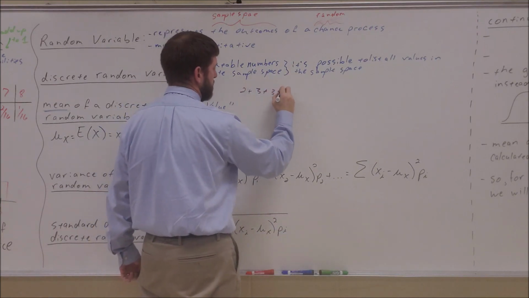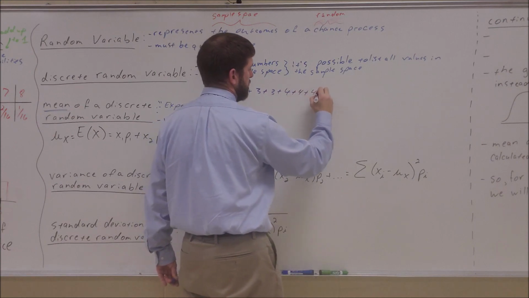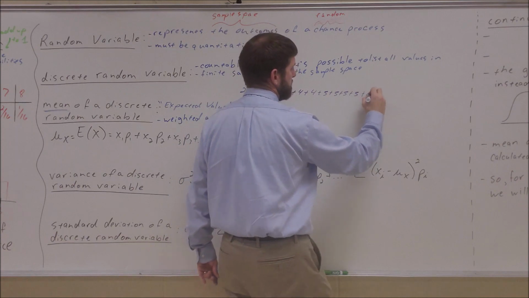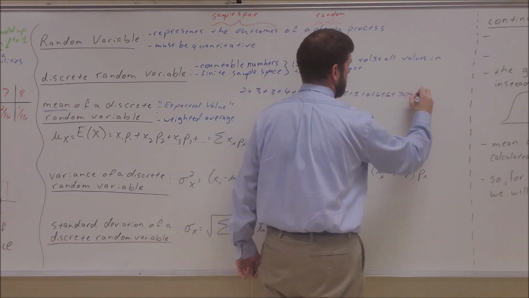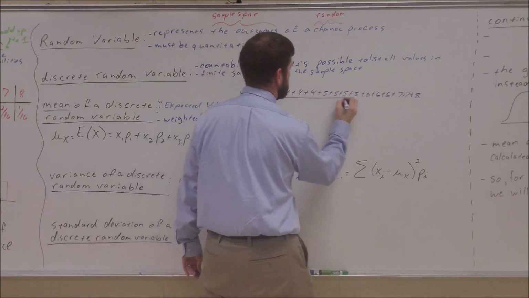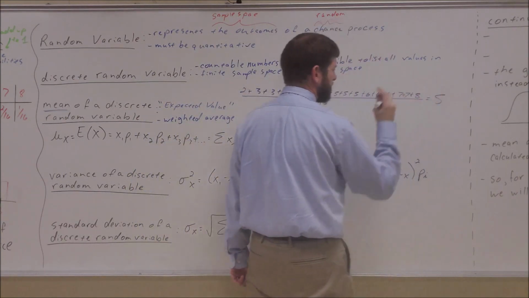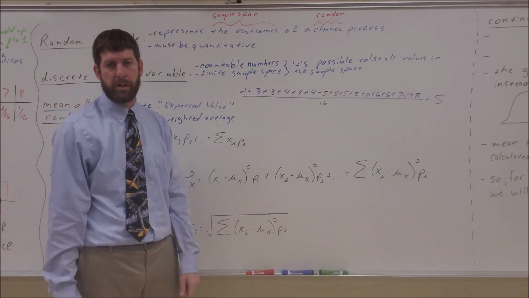I had 3s, some 4s, 5s, 6s, 7s, and an 8. And there were 16 possible outcomes. So all that stuff together gives you an average of 5, or an expected value of 5. That's just how we calculate mean.